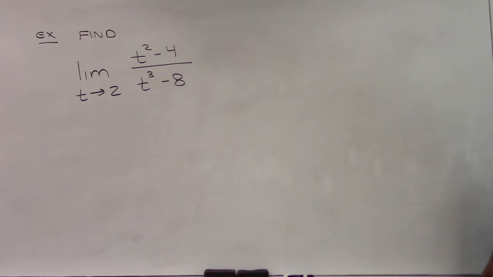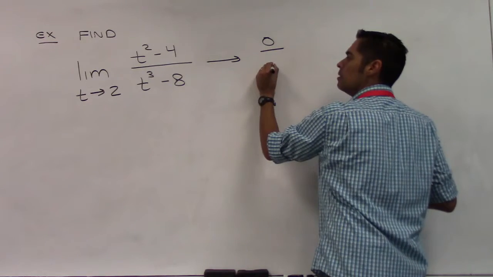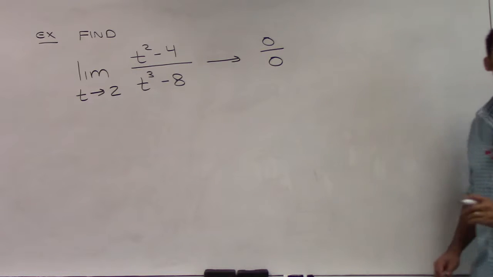Okay, direct substitution first. We get what? 0 over 0.